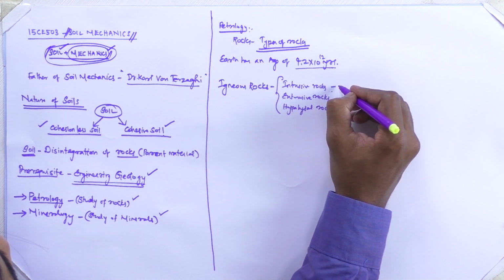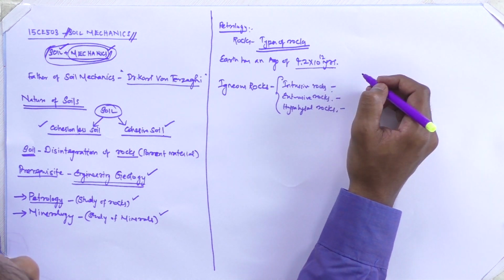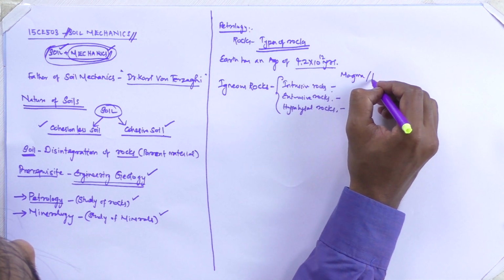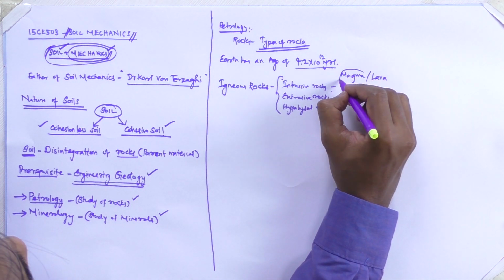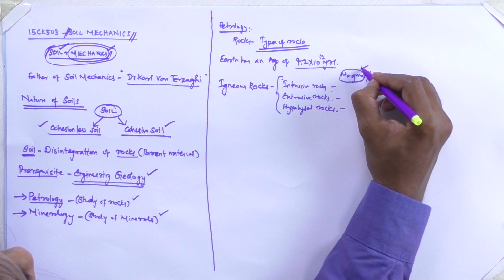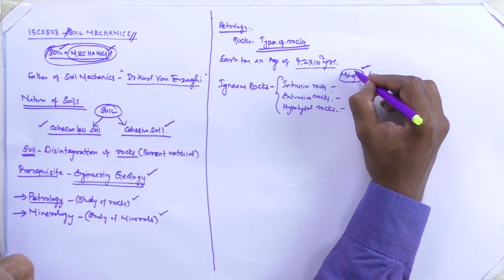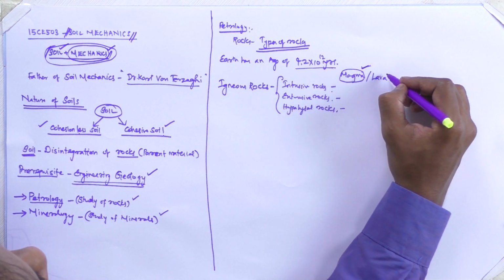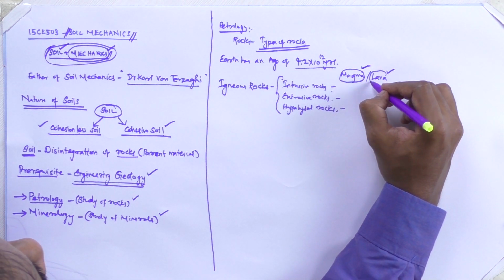Intrusive rocks are the rocks which are produced at a deeper level. We have a difference between magma and lava. Magma is in a molten state. If that molten semi-solid liquid doesn't reach the earth's surface, it is known as magma. Once it reaches the surface, it is known as lava.